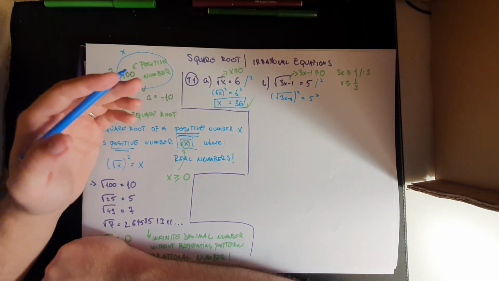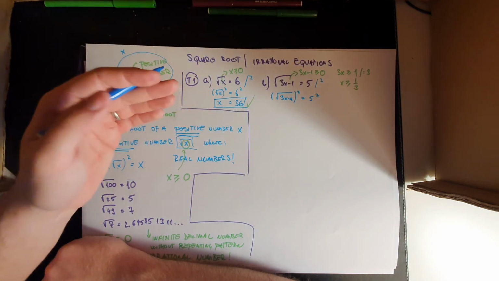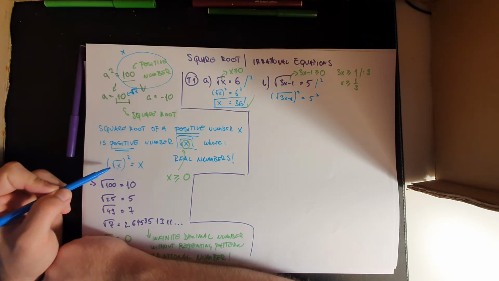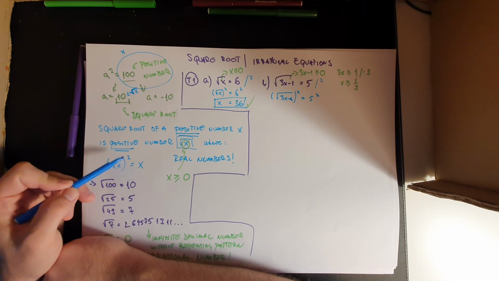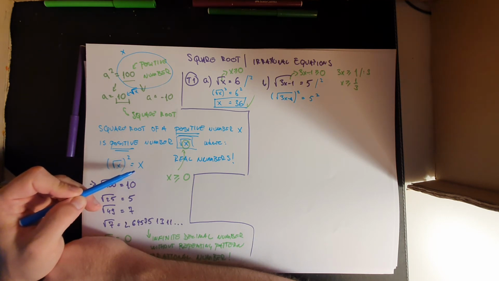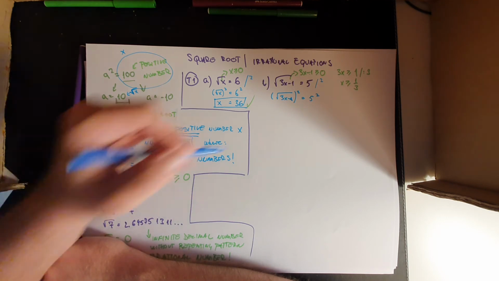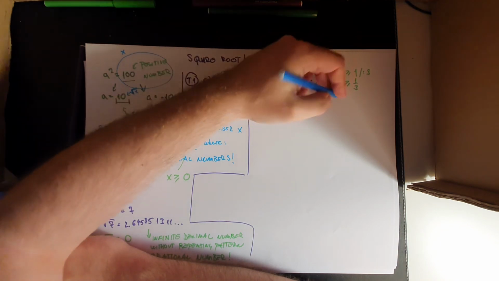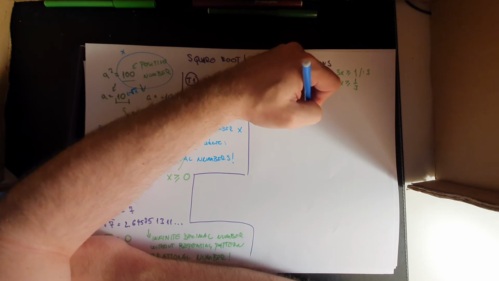Let's write this down. Let's not skip this part. Now, I'm applying the definition of a square root. If I square it, I'm going to be left with everything that is inside of it. So 3x minus 1 is the left part, and the right part is going to be 25.